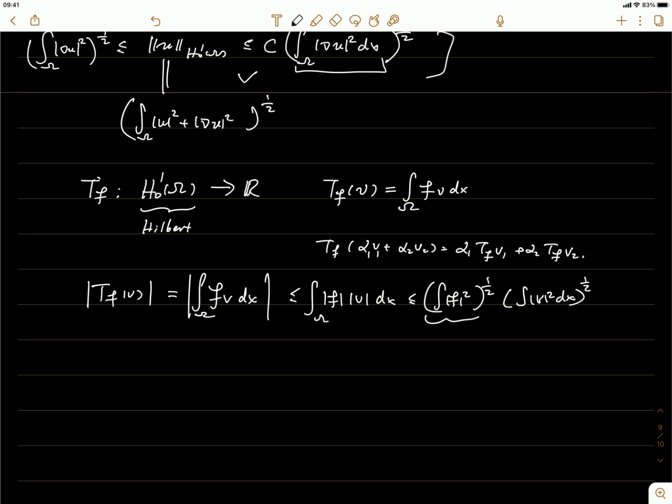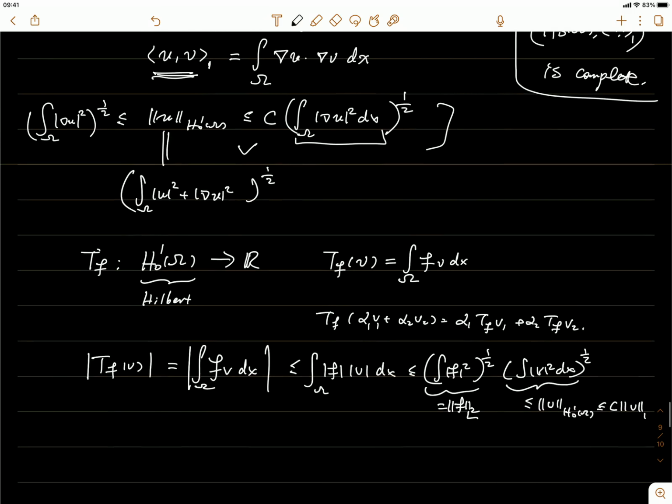But this one here is equal to the norm of f in the L2 space. And this one here is bounded by the H01 norm of v, because remember that this is bounded by some constant times the v in the one norm.